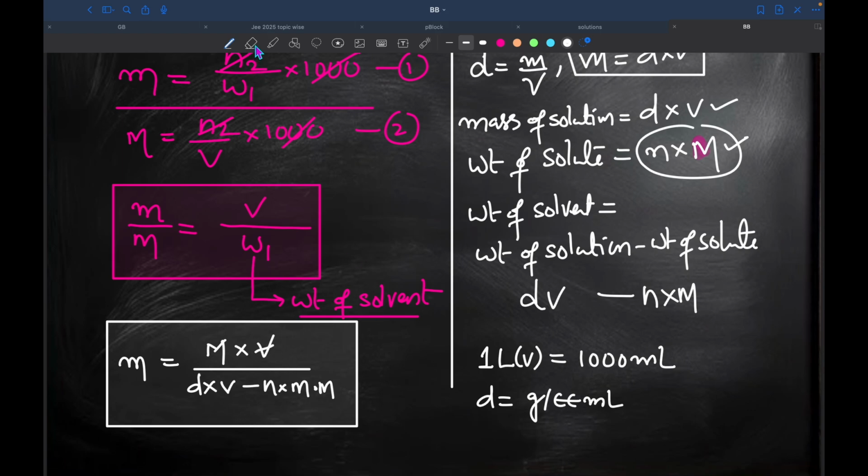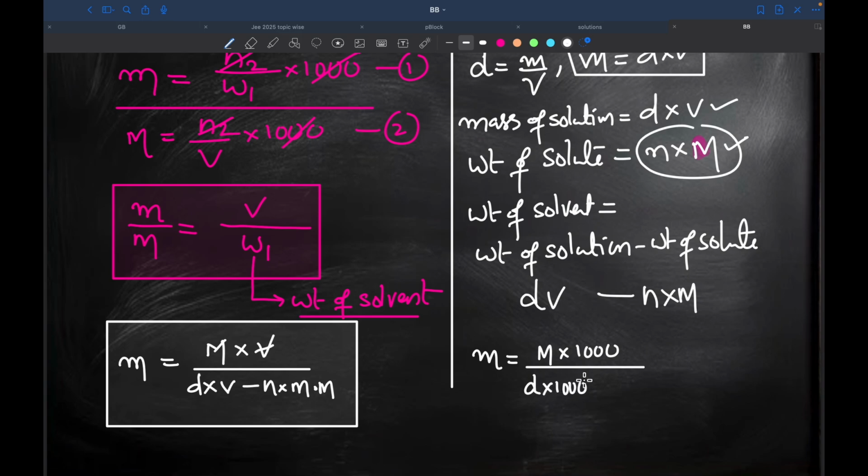So I'll write the formula here. This formula is used when density is given in kilograms per liter. Otherwise we use this formula: molality equals molarity into 1000. I am taking 1 liter of solution, multiplied by density into 1000 minus n, the number of moles, into molar mass. So this formula you have to remember.